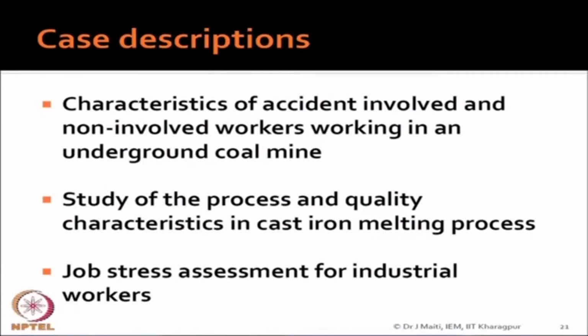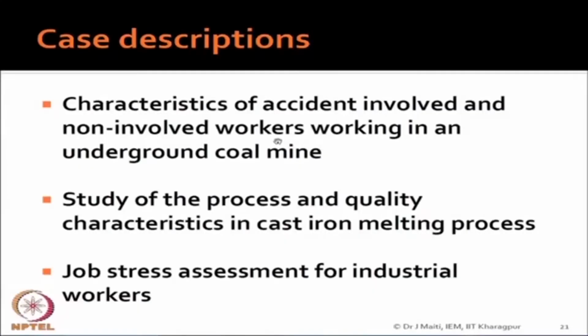I will show you some cases later on so that you understand the totality, as I told you, starting from practical problem to practical solution, that means practical problem, statistical solution, practical solution. This total cycle will be completed using these cases. The first case is characteristics of accident involved and non-involved workers working in an underground coal mine.